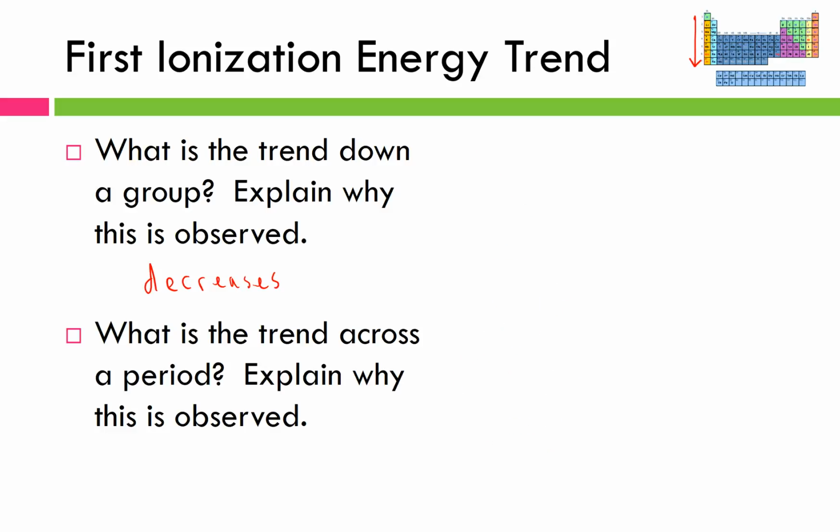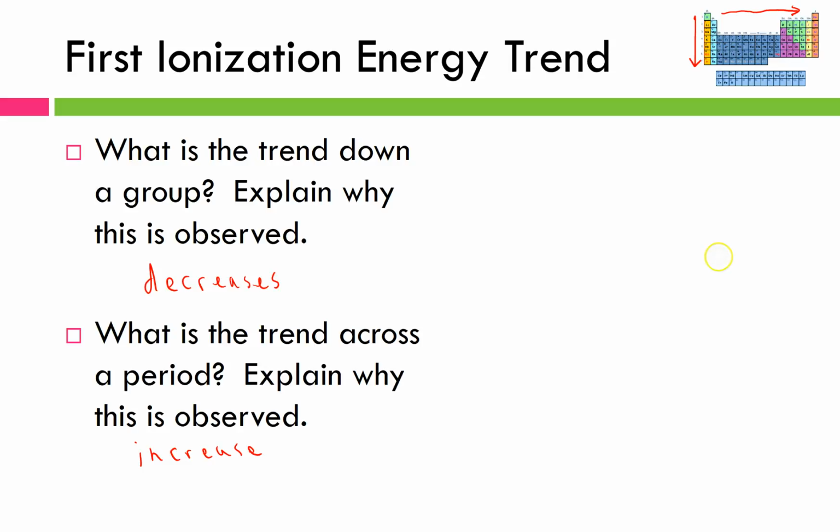Now let's look at the trend as you go across the period from left to right. Again, from the notes, you should be able to figure out that we see an overall increase in first ionization energy as you move from left to right, regardless of what period you're in. Again, we can think about this in terms of the atomic radius trend.